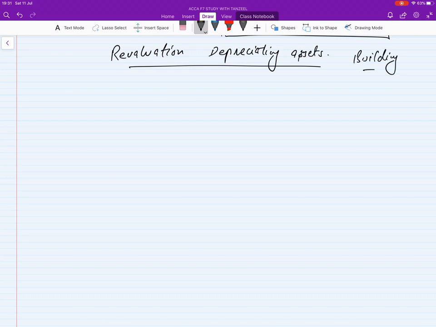We have done the revaluation for non-depreciating asset. Now we will do the revaluation model for depreciating asset like building. Let's do the example.